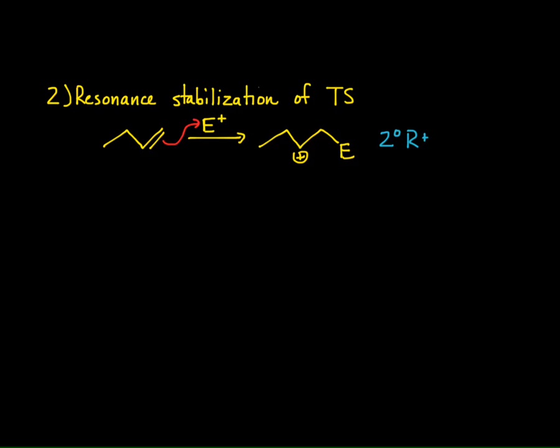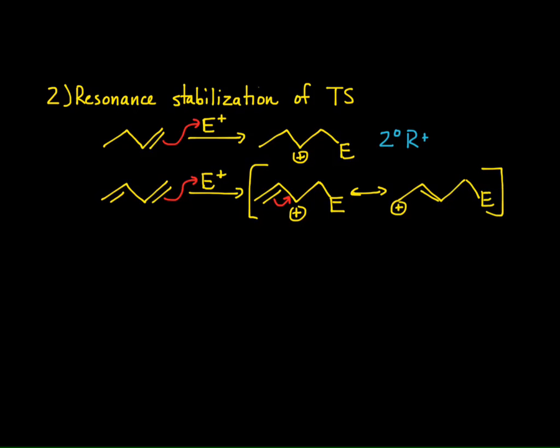Of course, it depends on what substituents are on that double bond, but in this particular case, I get a secondary carbocation. Now, when I compare that to the reaction of 1,3-butadiene with an electrophile, I see a a little bit different scenario where I form an allylic carbocation, and that allylic carbocation has a resonance structure to it.